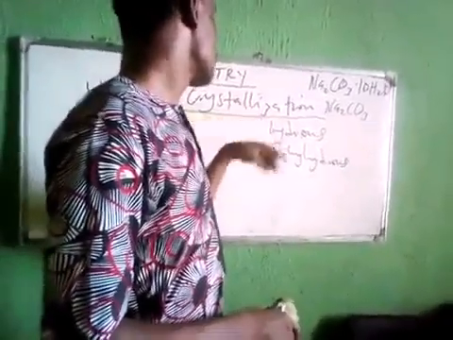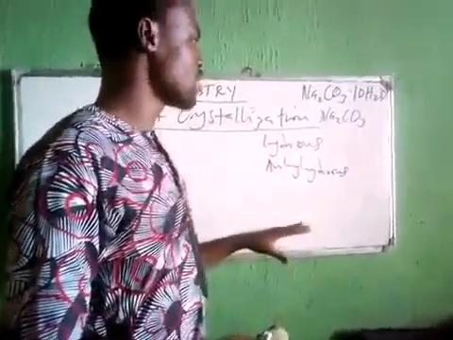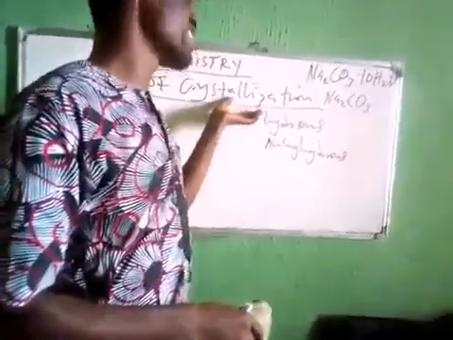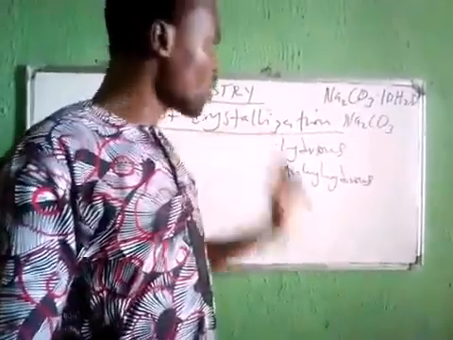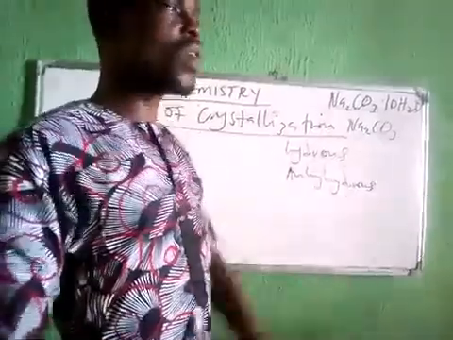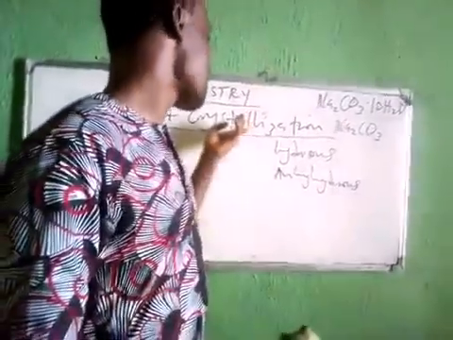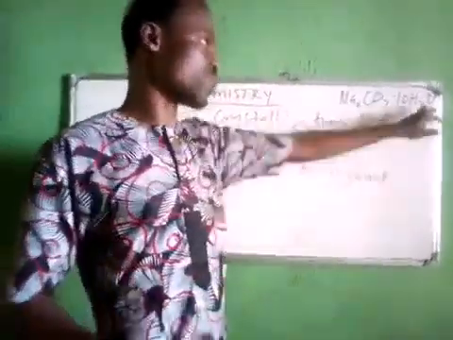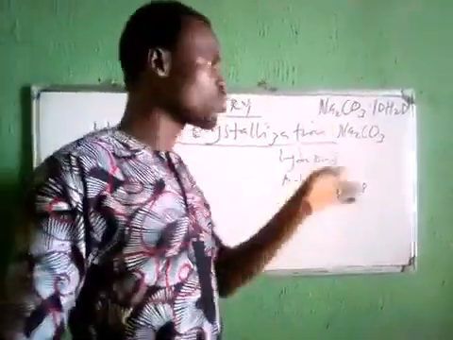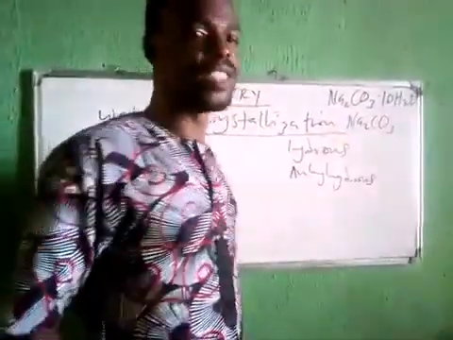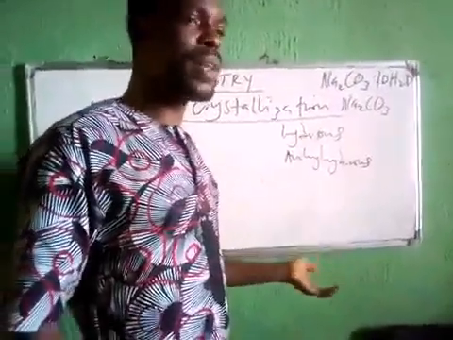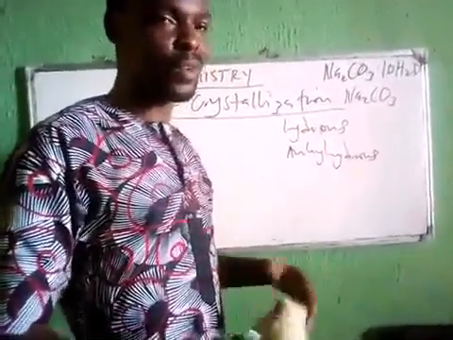A substance may become a crystal when it has water molecules. But not everything that is a crystal has water molecules. That's why we say that hydrates are crystals, but not all crystals are hydrates. Like sodium hydroxide pellets are crystals, but they are not hydrates.